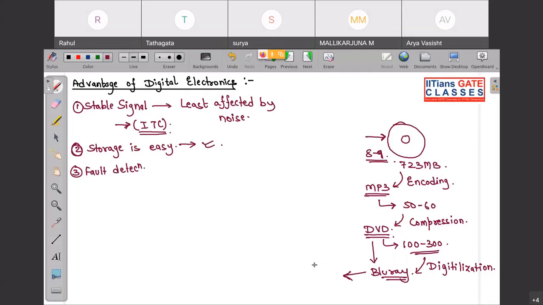In 1 GB you can store a minimum of 5,000 songs. So storage becomes very, very easy.